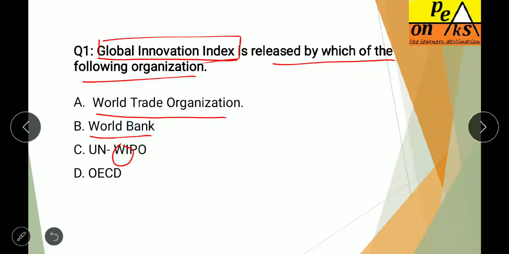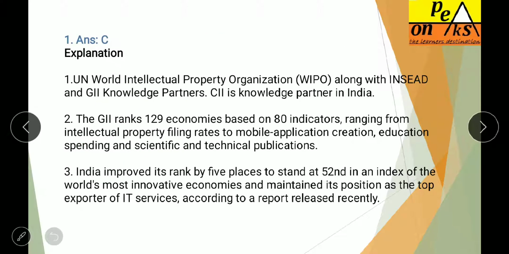Option C is the right answer, WIPO, the UN World Intellectual Property Organization, along with INSEAD and GII Knowledge Partners. GII Knowledge Partners means Global Innovation Index Knowledge Partners, and in India this is CII, Confederation of Indian Industries.